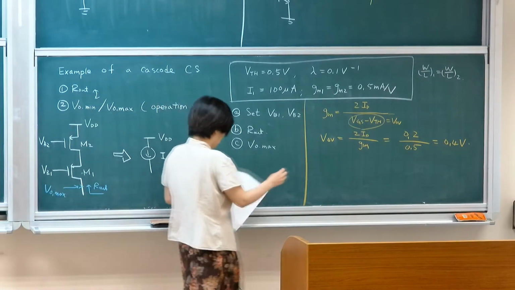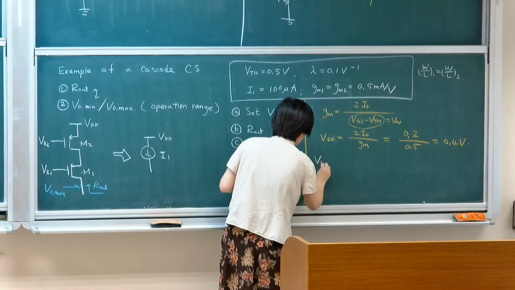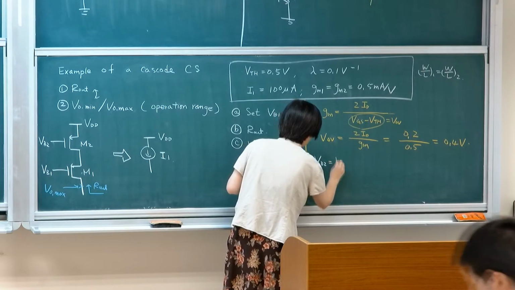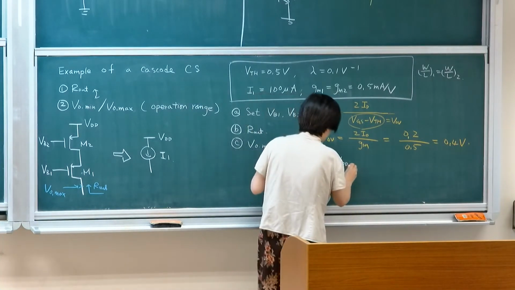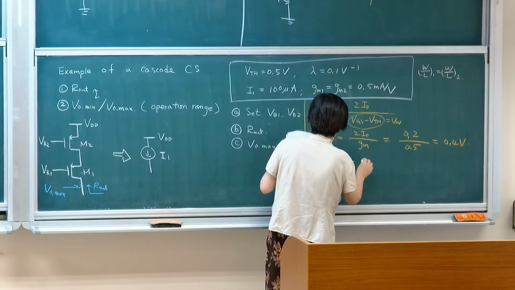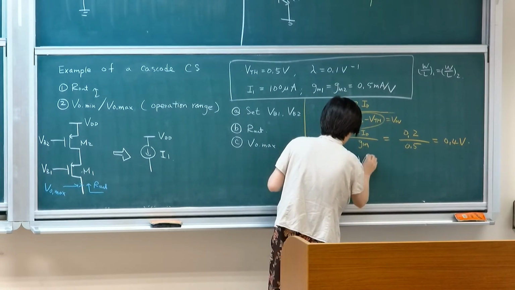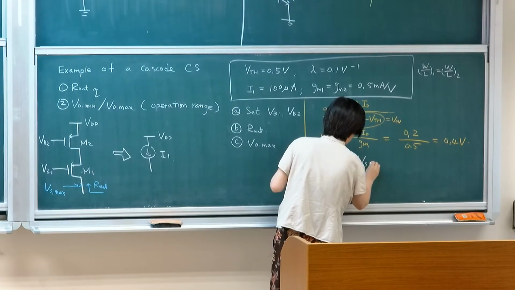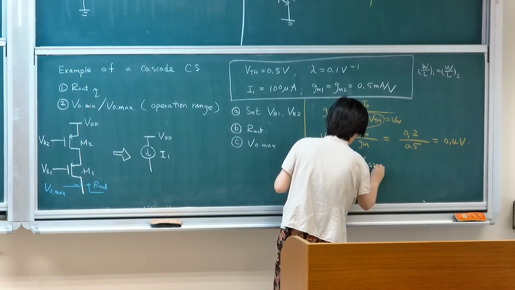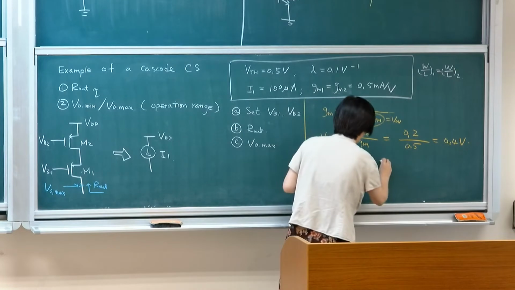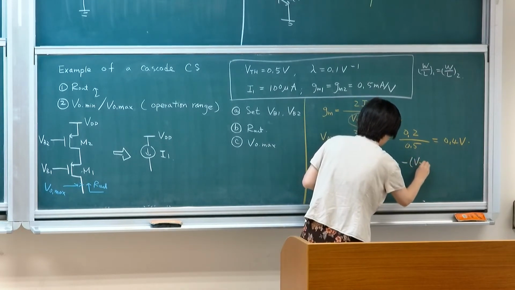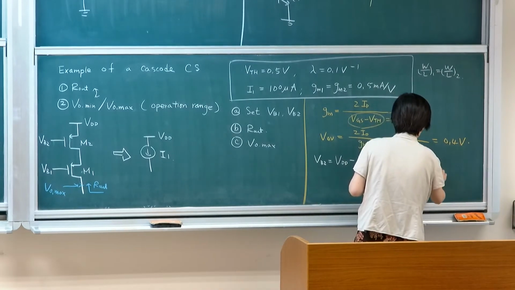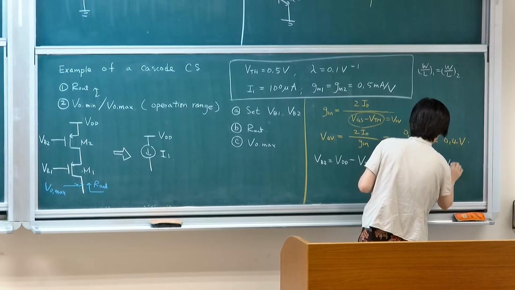So VB2 should be VDD minus VSG2. And what is VSG? VSG is VDD minus a threshold of PMOS plus VOV.